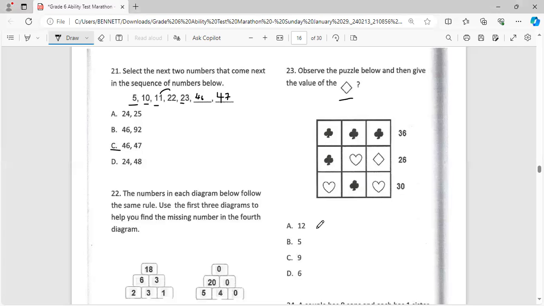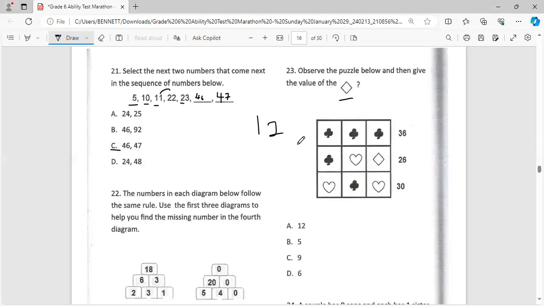How did you get 5? Sir, I checked the second row, sir, that says 26. So the black one is 12, the heart is 8, and the other one, I'm not sure what that is, but it's 6.